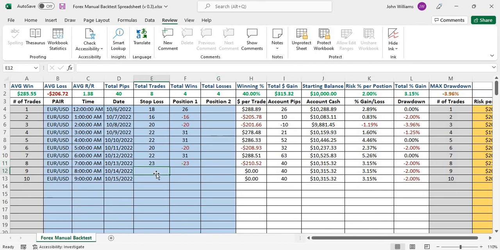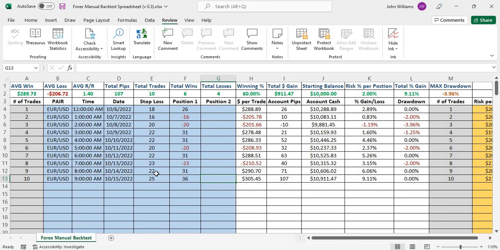And then for the 9th trade, let's go with 22 as a stop loss, and then 31, which means that this will be a gain here. That's a positive 31. Right, and then for the final trade, the 10th one, let's say 25 as a stop loss, and then 36.